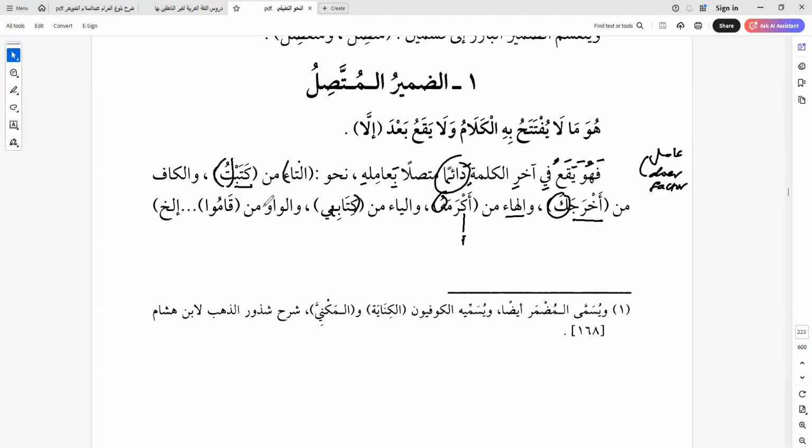Wal wa'u, qamu, this wa. Now don't confuse this alif, right? This alif is a differentiator. Already explained it. It's used to differentiate the fi'l al-mudari of da'a yad'u. Da'a yad'u.